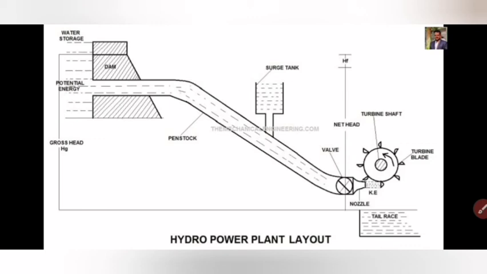I have told you that I will explain how we do the site selection, what will help in selecting the site. For a hydroelectric plant, we must keep in mind the availability of water, because it requires a large amount of water.